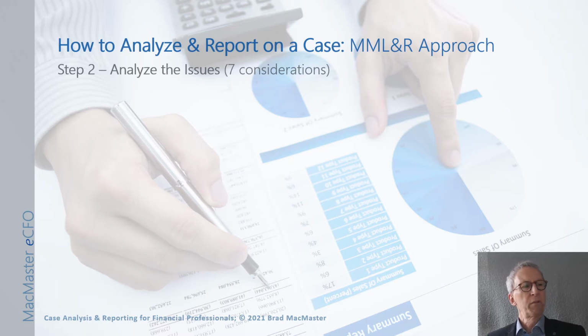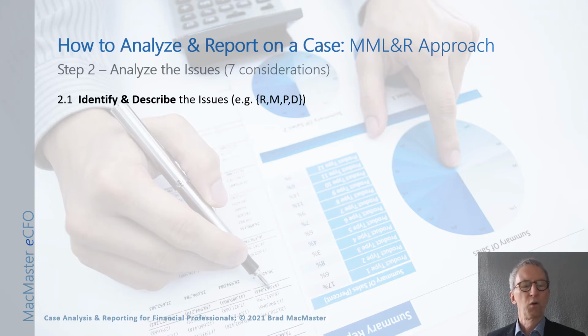competence. In step 2, when we're analyzing the individual issues, the first element here is to identify and describe what those issues are. Now, in financial accounting and reporting, this involves identifying the related accounting issue, and those issues come from a set of 4 possibilities, which includes recognition, measurement, presentation, and disclosure.